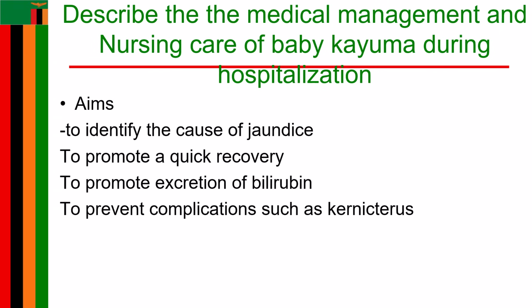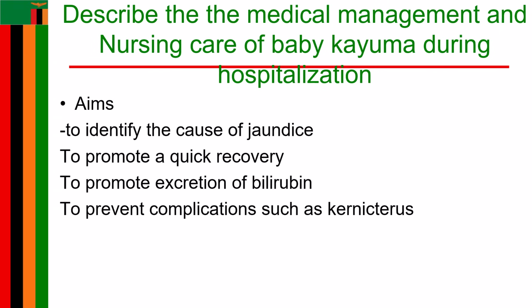We have seen questions for other conditions also coming. So you need to know these three because they are different from the rest: malnutrition, IMCI, and of course jaundice. IMCI, we had it last year. There was a 10% pass rate, so you just have to know them even if they are difficult.